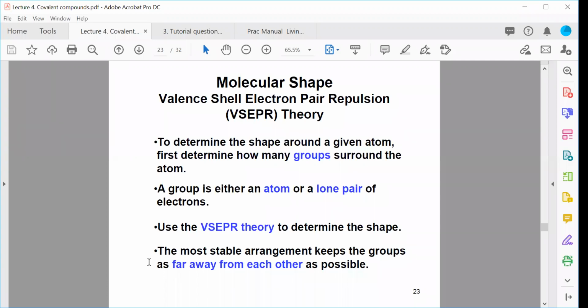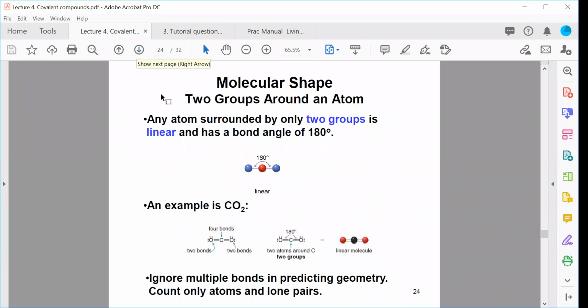All right, so to determine the shape around a given atom or the shape of a given molecule, first determine how many groups surround the central or core atom. A group is defined as either an atom or a lone pair of electrons. So let's look at some examples.